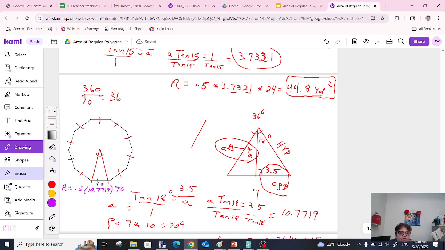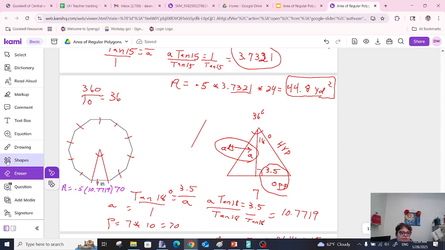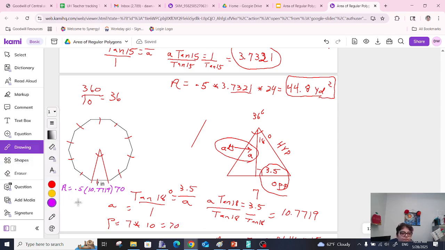That's not degrees, it's 70. I don't know why that was there. And then when I do that on my calculator, I get 377.01, which to the tenth place would be 377.0 inches squared. And that's that.